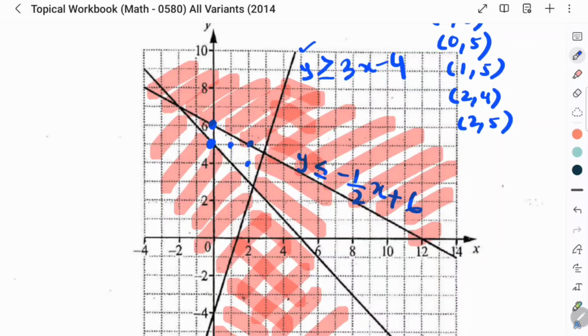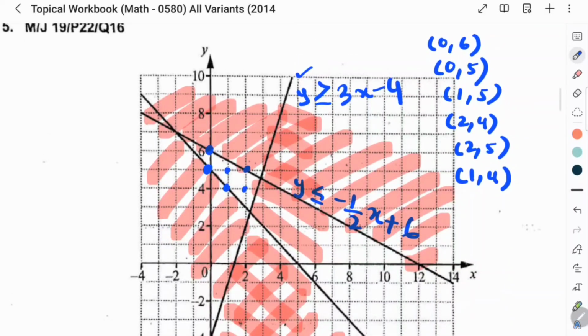All right, 2, 4, 2, 5, and we have 1, 4 also there. All right, then we have 0, 6, we have 0, 5, we have 1, 5, 1, 4, and then we have 2, 5, and we have 2, 4, and we have -2 and 7 also. All right, so -2 and 7.